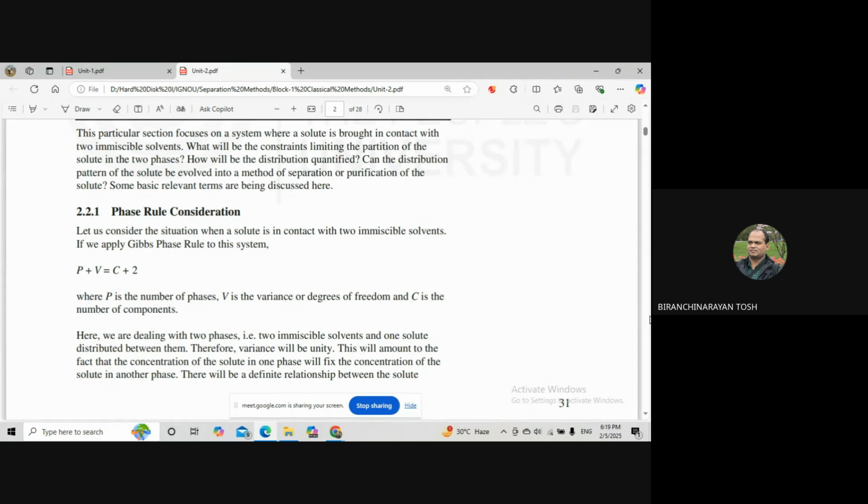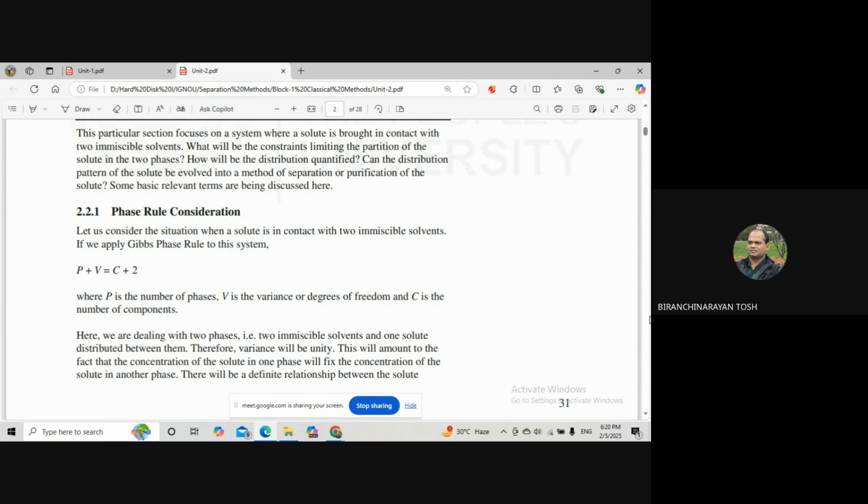So it consists of two phases, one liquid containing sodium chloride solution, another solid containing solid sodium chloride, and there exists an equilibrium between the two phases. That means we can apply the phase rule. So that is the idea or definition of phase according to phase rule.